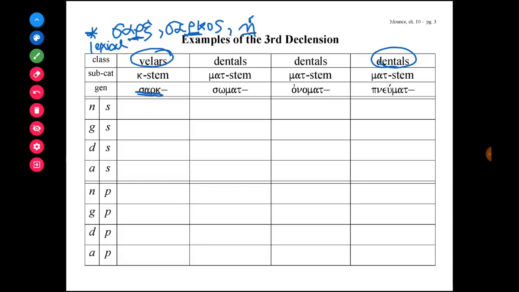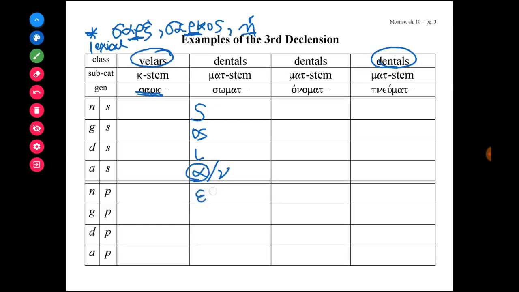Let's recall what the case endings are for third declension nouns that are feminine. Remember, the masculine and feminine forms share the same case endings. So I'm going to write it out next to the sarx column. The case endings for the third declension feminine nouns are sigma, os, e, alpha or nu, but in this case we're going to use alpha for the word sarx.